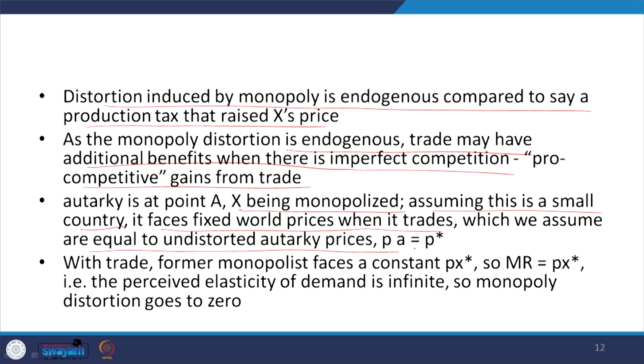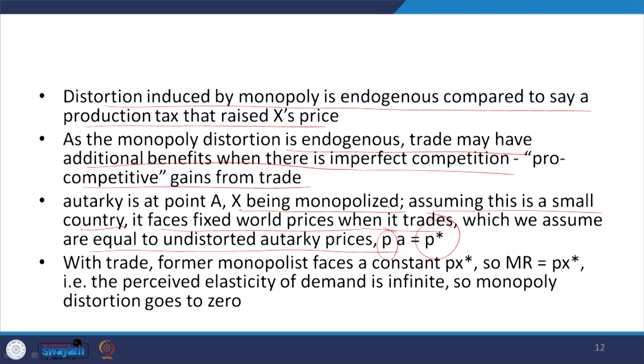After trade they are no longer monopolizing the particular product. Therefore, the monopoly price P is equivalent to P star, because now that they are opened up, the country will be more competitive.